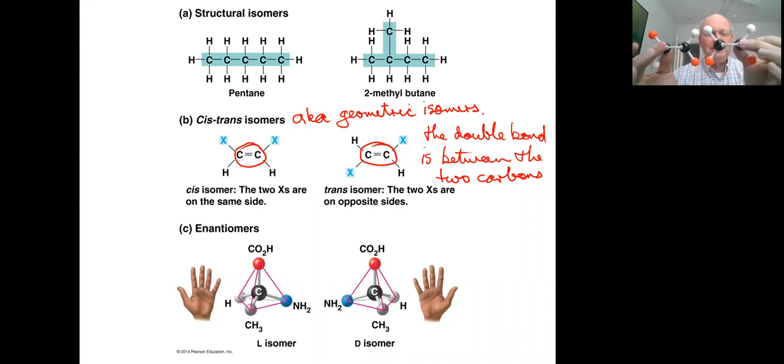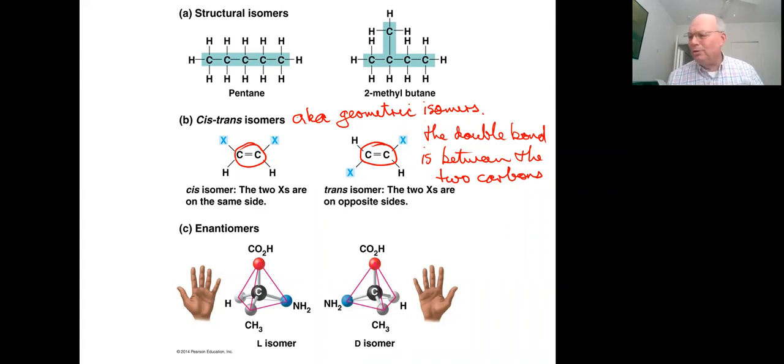And you might start to remember that trans sounds familiar when it comes to thinking about fats. And obviously it's got something to do with these types of isomers, but more to come in the next presentation on that one.